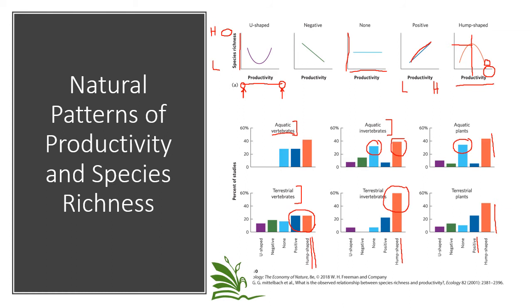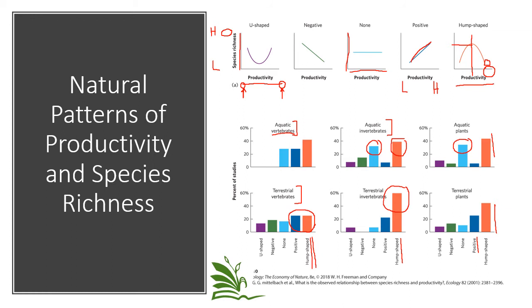But this would give us some information that often, if you save medium to high productivity environments, you're going to be protecting a lot of species richness. Now, that's not to say that the opposite can't be true.